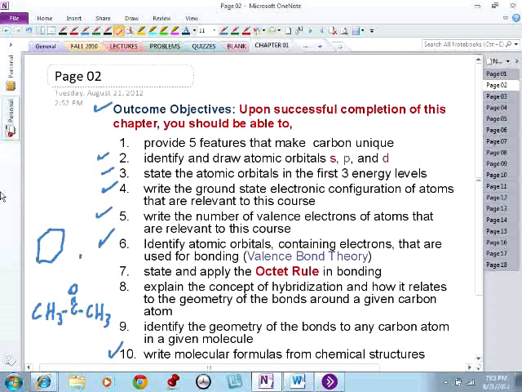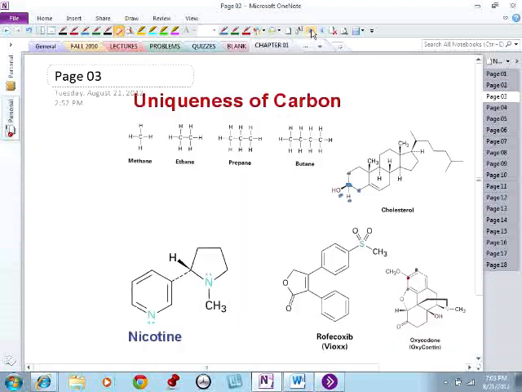What is the first item that you should be able to do at the end of this chapter? Exactly. So now you should be able to do that, right? Very good.